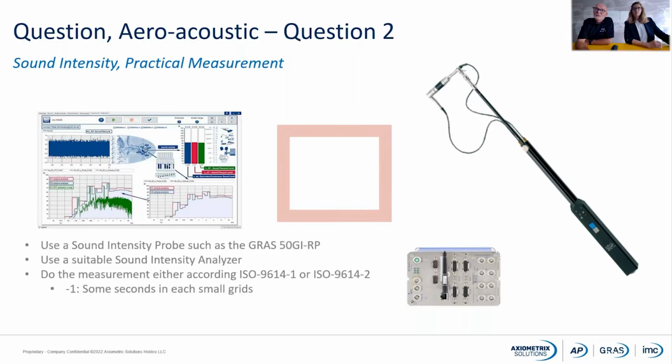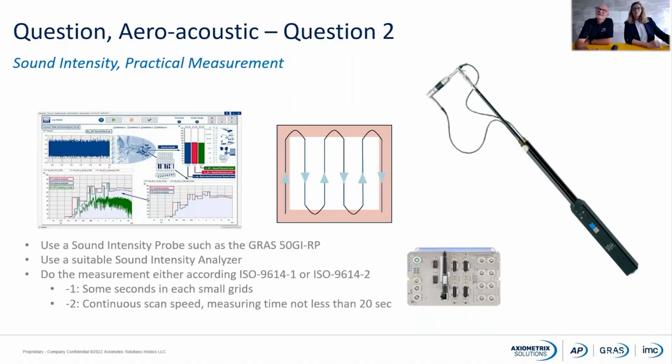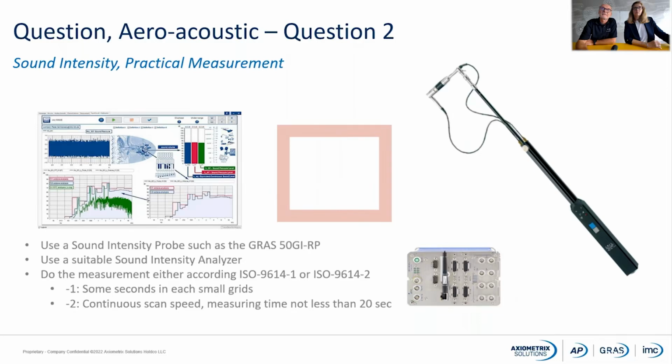If we do it according to ISO 9614-2, then we have to make a scan, and it means we have to make a continuous movement at the same speed over the surface of our measurement object, and it has to take not less than 20 seconds to scan the whole surface.